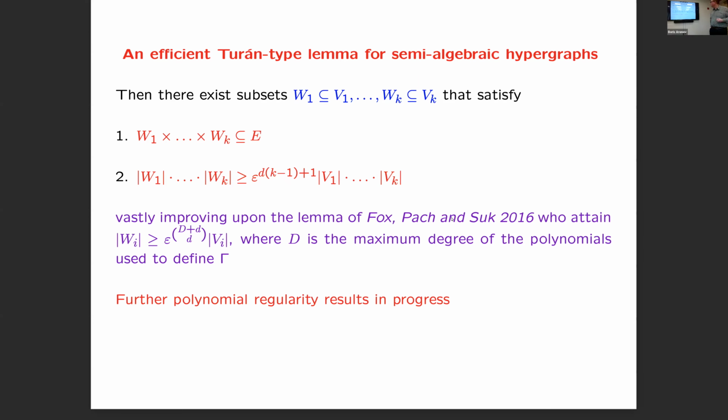It's a vast improvement upon a similar lemma of Fox, Pach, and Suk, because unlike that result, our result does not depend on the degree of the polynomial equalities and inequalities which are used to determine the semi-algebraic hypergraph. And of course, there is further work in progress in the wake of this result, which I may present a bit later. Can I ask a question?